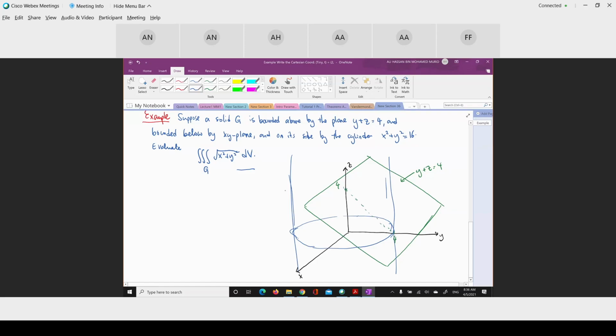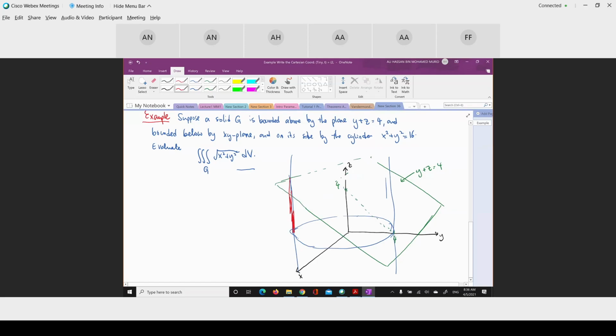So imagine we have a cylinder and we slice it using this plane here. Can you imagine how that object is?